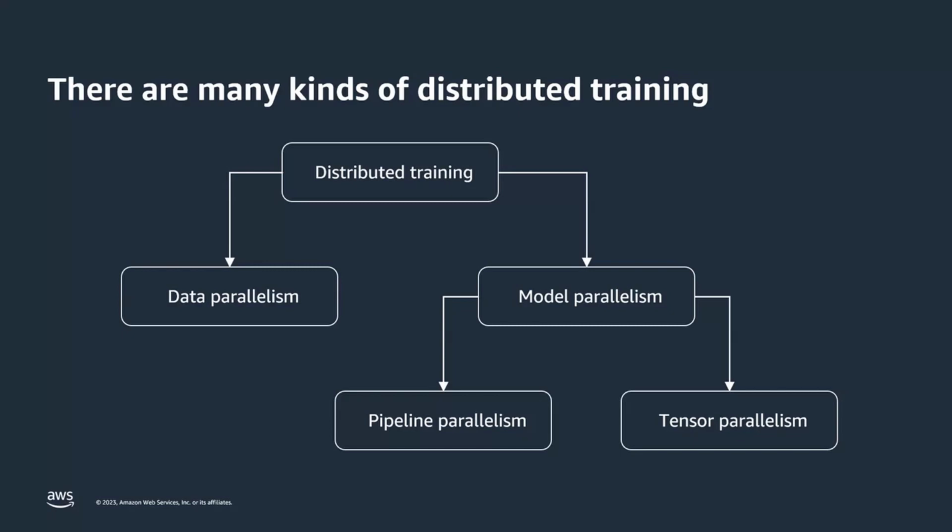We also call tensor parallelism intra-layer parallelism, since it parallelizes the computation within each layer. We also have pipeline parallelism, where we parallelize the computation between layers. In that sense, we also call it inter-layer parallelism.